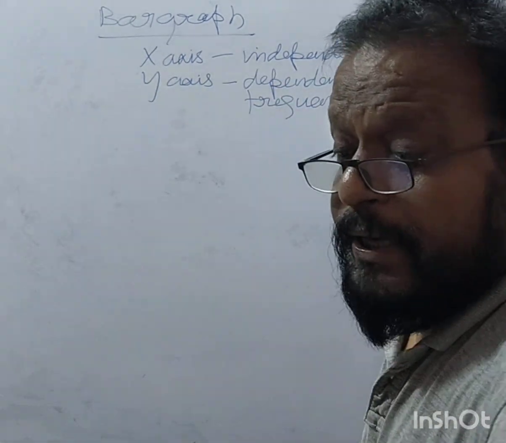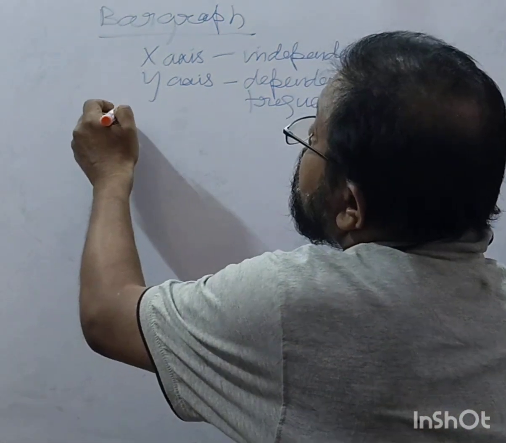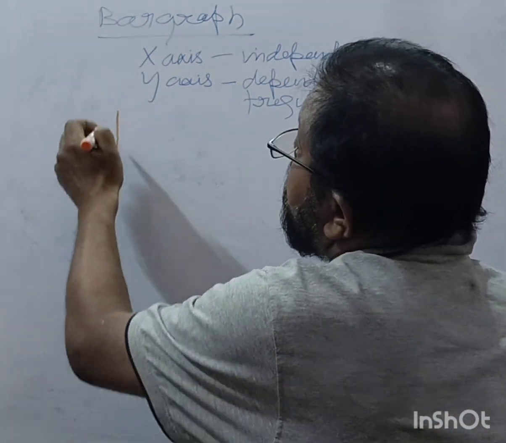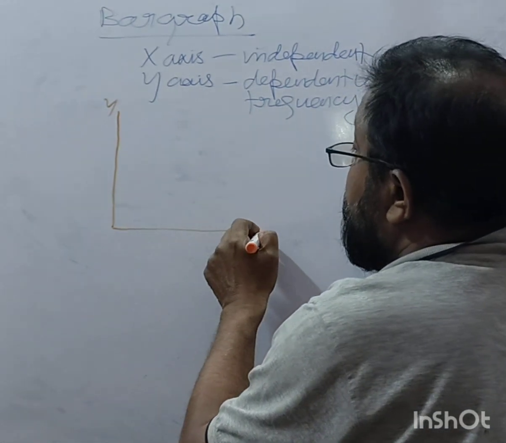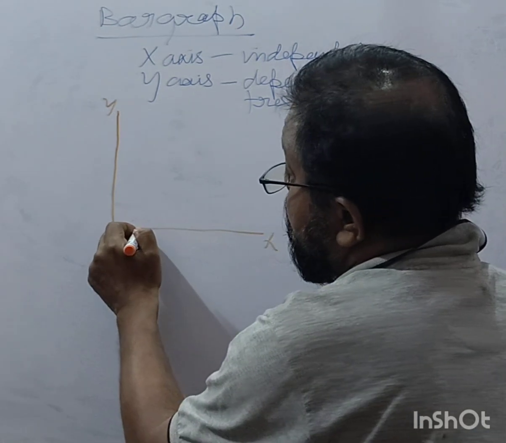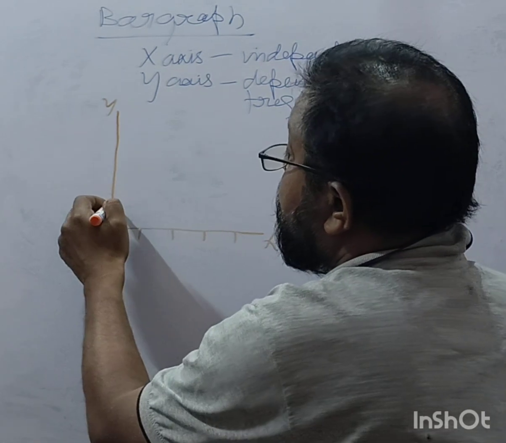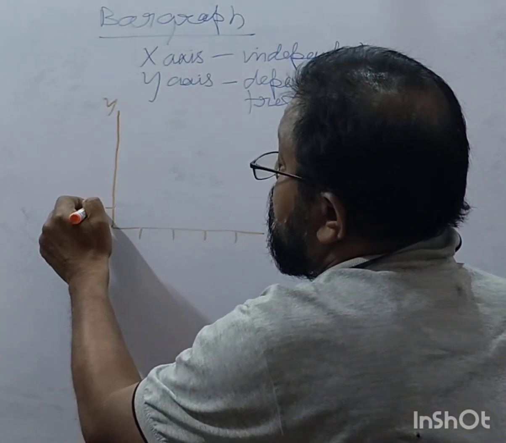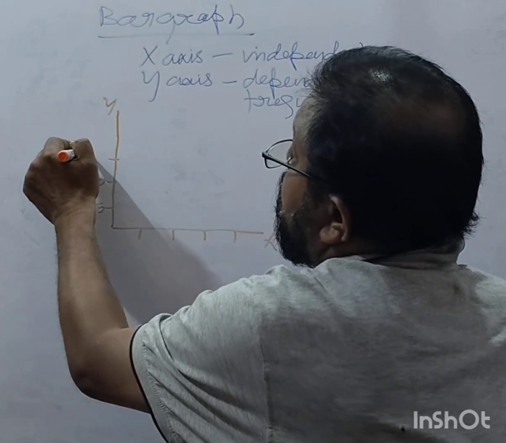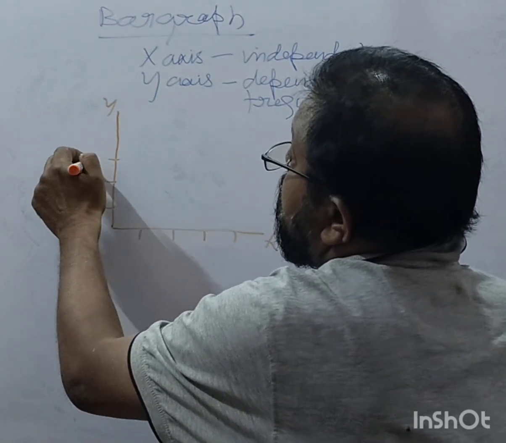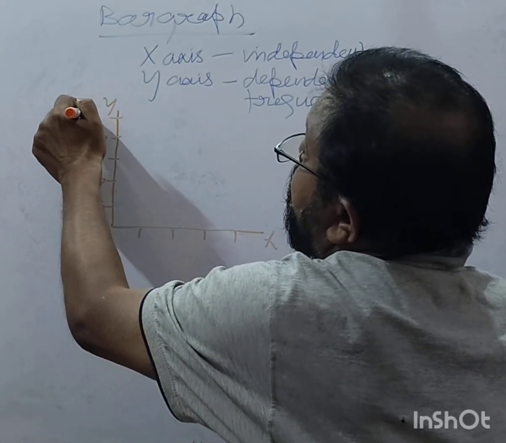Right? Like if you have, this is the y-axis and this is the x-axis. So we have 1, 2, 3, 4. Here is 5, 10, 15, 20, 25.